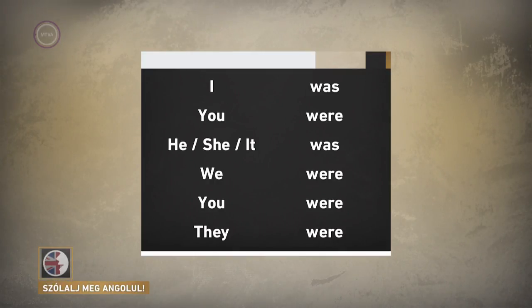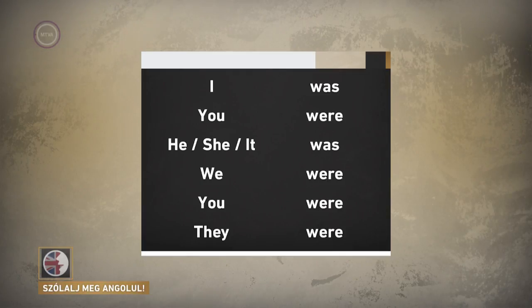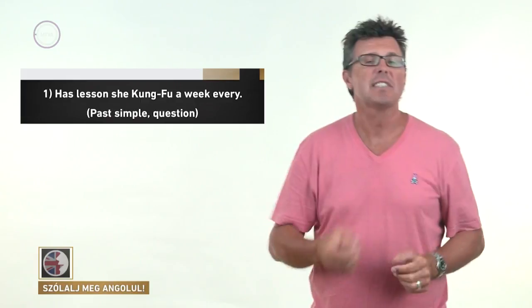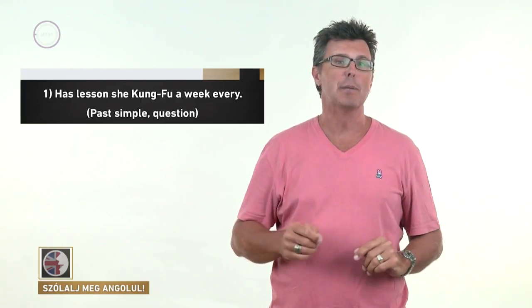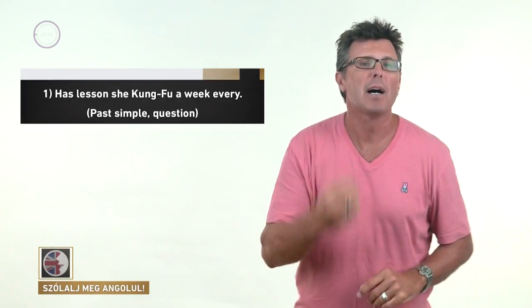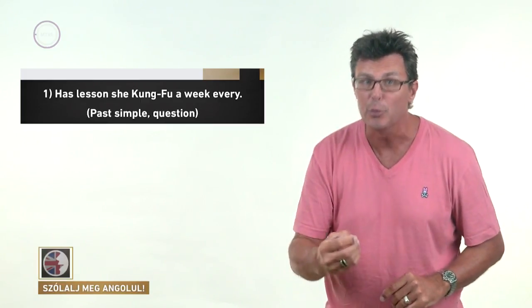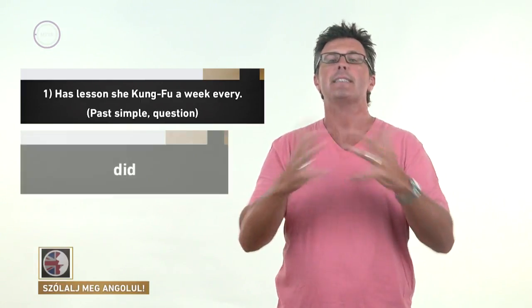I was, you were, he, she, it was, and we, you, and they were. Here, however, because the sentence doesn't feature the verb to be, we have to use the past simple form of the verb to do as the auxiliary, did.